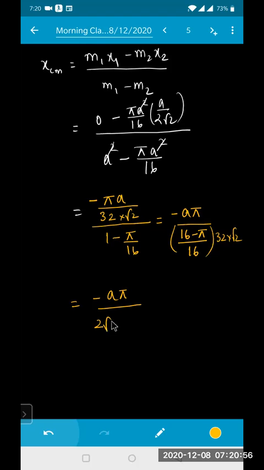So this will be minus a into pi divided by 2 root 2 into 16 minus pi. So this is your x shift.